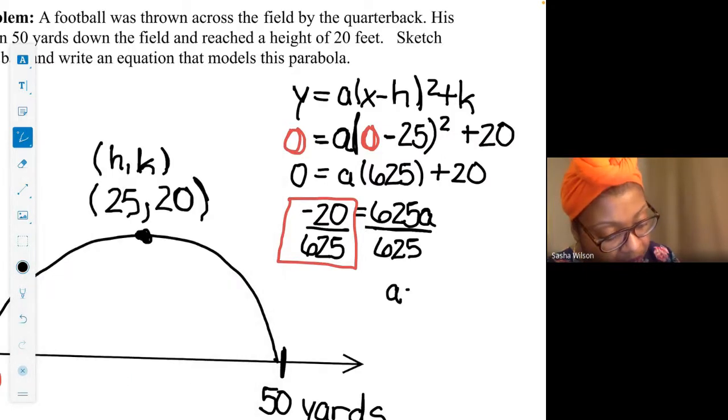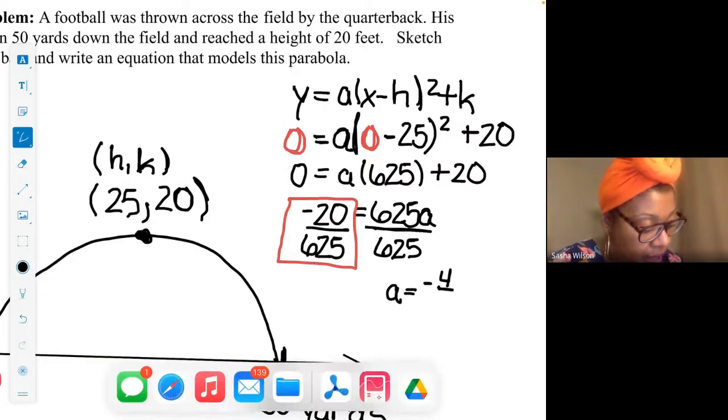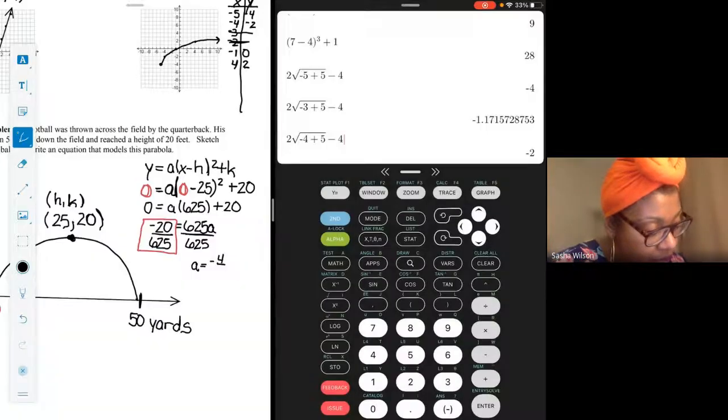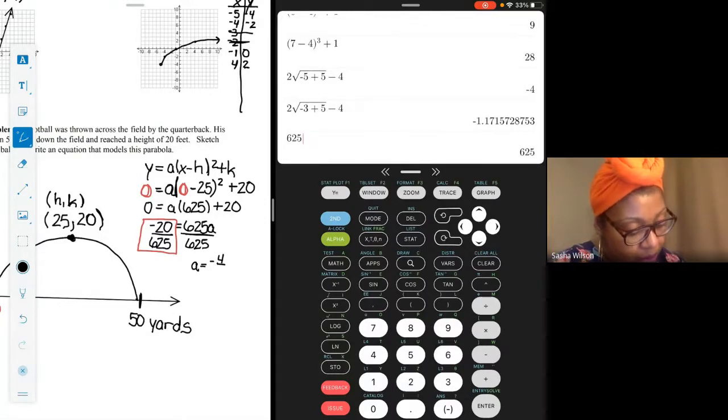So the numerator is negative 4. And then we need to take our calculator again and take 625 and divide it by, not multiply, but divide by 5. And we get 125.